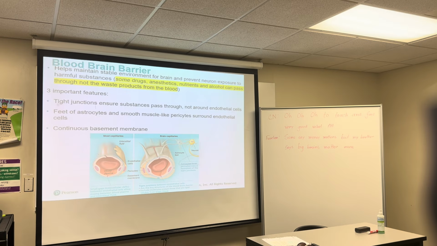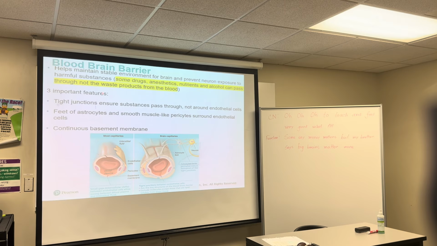Even though some drugs, anesthetics, nutrients and alcohol can pass through the blood-brain barrier, no waste product from the blood can enter through the what? Blood-brain barrier. That is how your blood-brain barrier is protecting your brain.